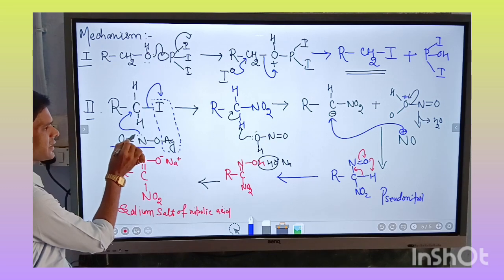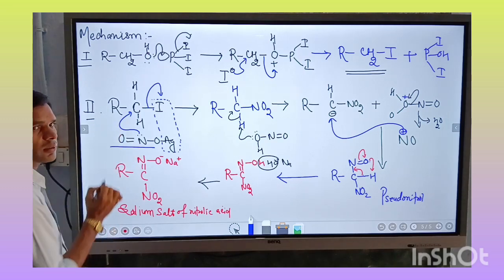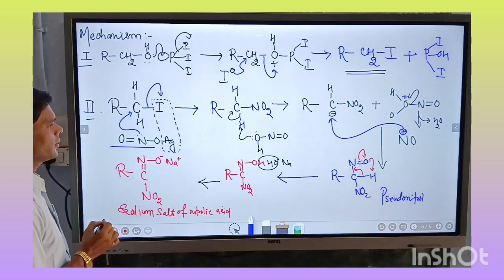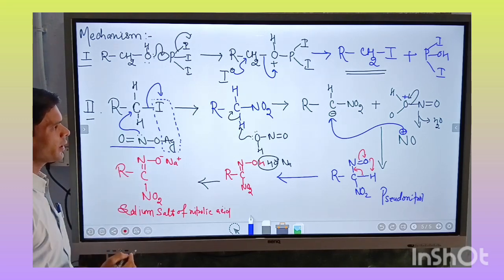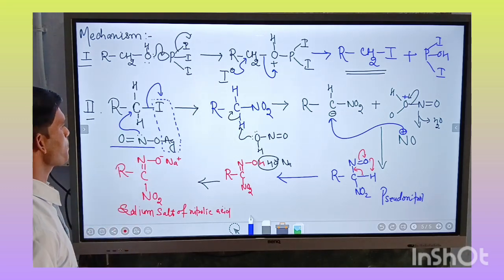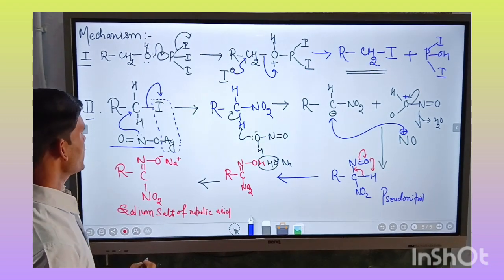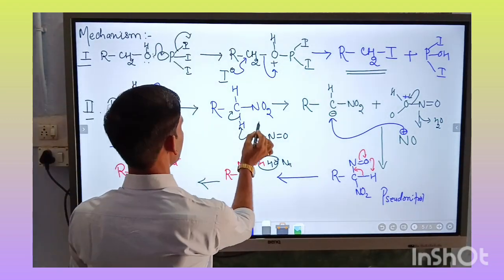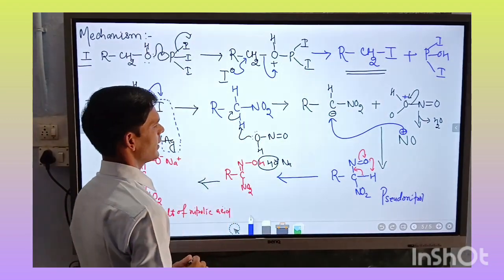It means its electron pair is free to attack, and the carbon-nitrogen bond is stronger than the carbon-oxygen bond. Okay, and this gives us nitroalkane.